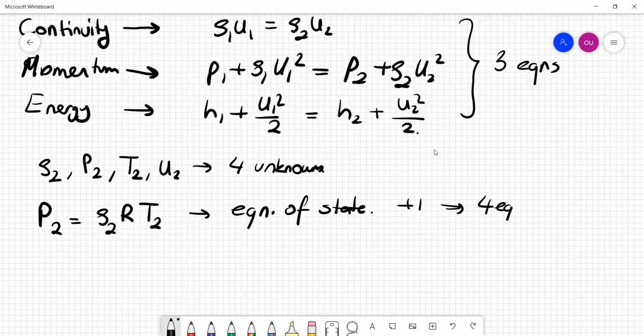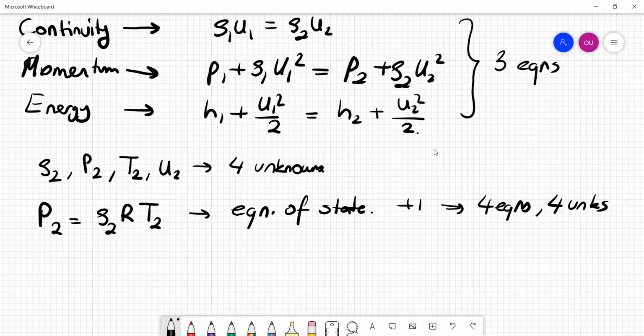Now the shock wave problem is represented by a closed system of equations. We can represent the physics of the shock wave with these 4 equations, which can be solved to obtain these 4 unknowns, of course given all the parameters at state 1, which obviously must be given.